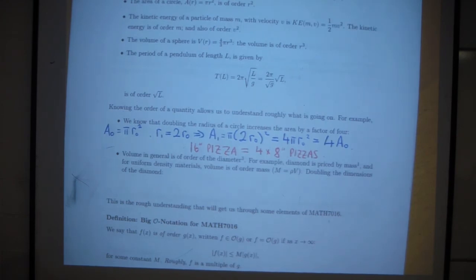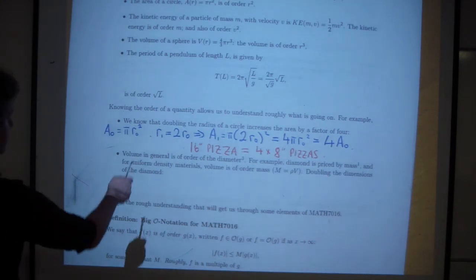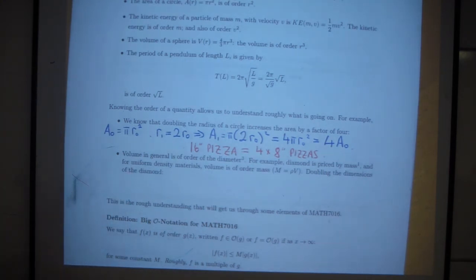A similar story goes with volume. Volume in general is of the order of the diameter. Oh yeah, I thought it was a footnote, but of course it's diameter cubed. So for example, diamond is priced by numerous things, including mass, which is the same as volume if it's a uniform density.